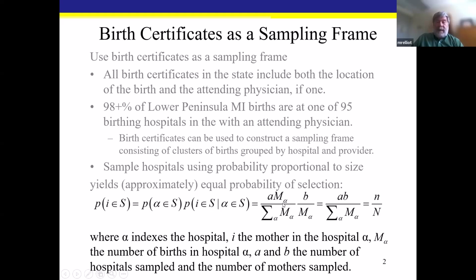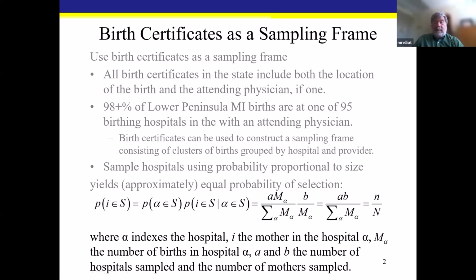And so, through the magic of multiplication and cancellation, we can see that the probability of a hospital being sampled is basically M sub alpha, the measure of size, the number of births, divided by the total number of births, times the number of hospitals that we sample. And then we multiply that by the number of births that we sample at the given hospital, but that's out of all the M sub alpha births that occur in that hospital.